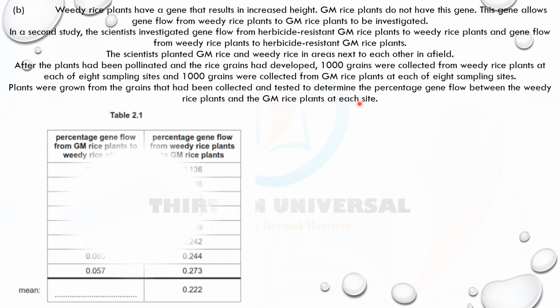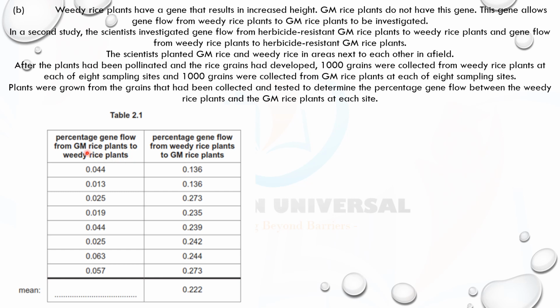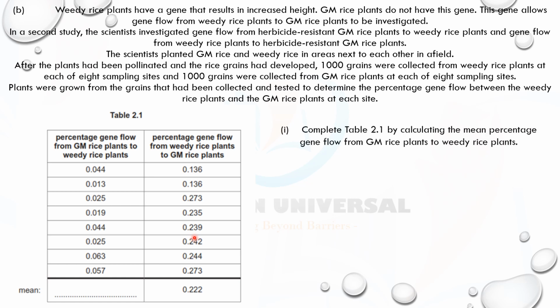So what is it then? You can see percentage of gene flow from GM rice plant to weedy rice, GM to weedy. That's it. Percentage of gene flow from weedy rice plant to GM. So what do they want us to do?